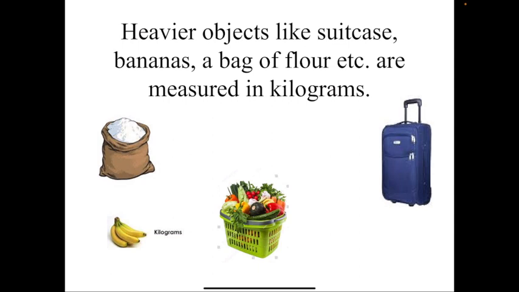So you buy 2 kgs of potatoes, that means 2 kilograms of potatoes, 1 kilogram of cauliflower, 1 kilogram of tomatoes, like this. So some objects are measured in grams and some objects are measured in kilograms. Kilogram is a bigger unit to measure weight.